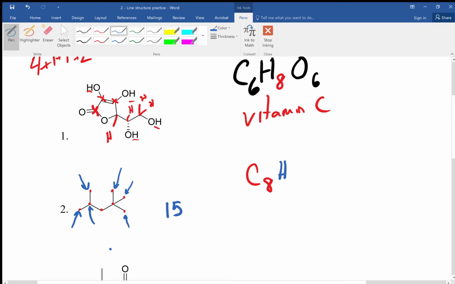This carbon is bonded to 3 other carbons, so it needs 1 more. This carbon here is bonded to 2 carbons, so it needs 2 hydrogens. And finally, this one that I'm putting in green, that carbon is bonded to 4 other carbons, therefore it has no hydrogens, and we have a total of 18 hydrogens.